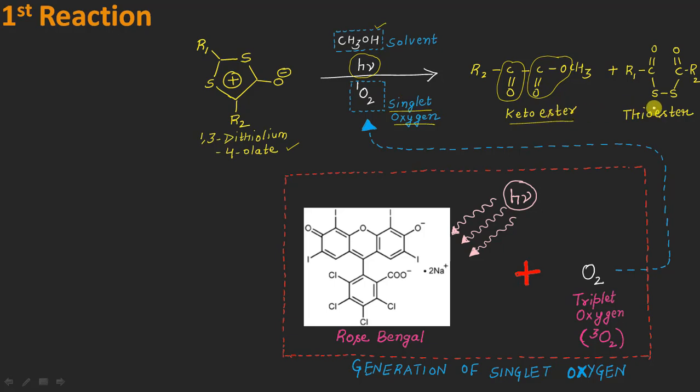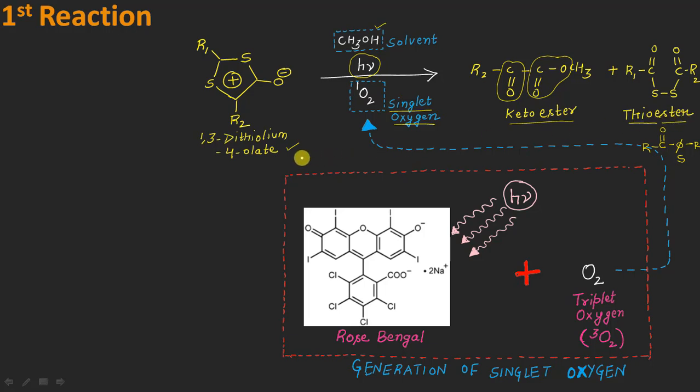And if you look at the second product, it is actually a type of thioester, right? Why are we calling it a thioester? Because we know esters are what? These are C double bond O, oxygen, and R groups on either side. So instead of oxygen here, what we have is a sulfur atom, so better to call it a thio type of ester, right?